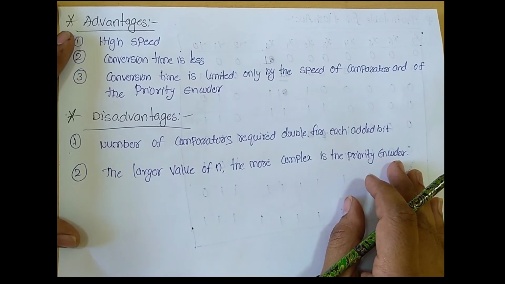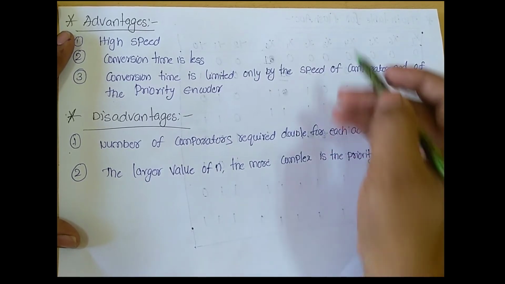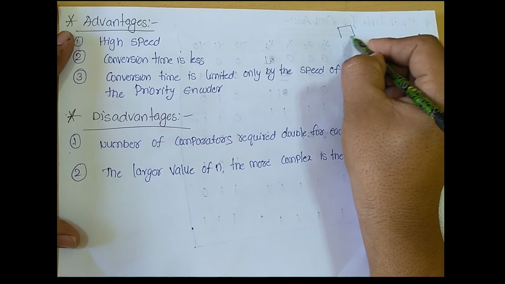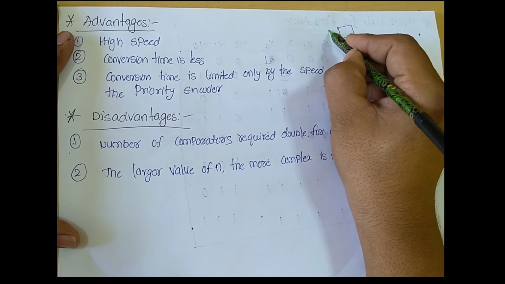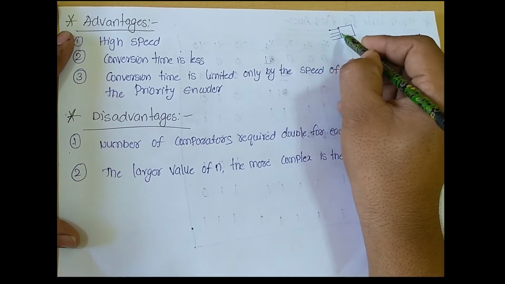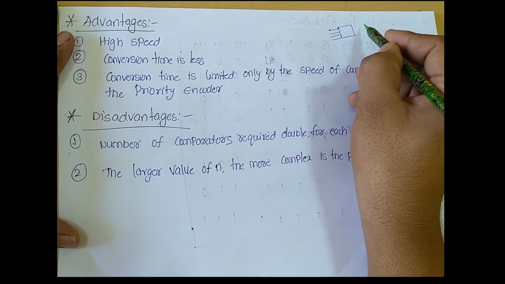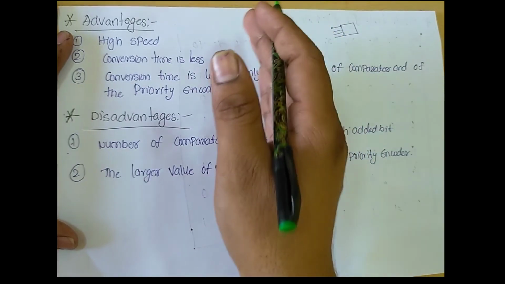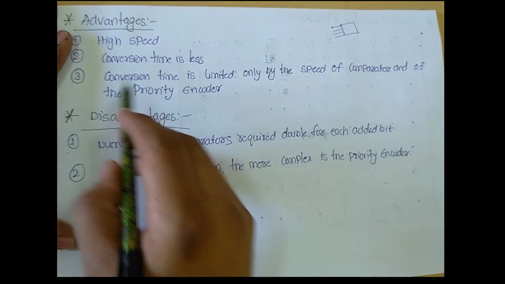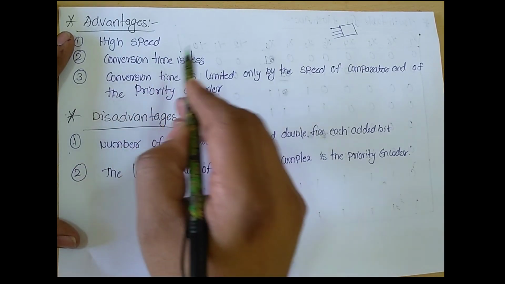Okay, coming to the advantages, high speed. It means that here we are considering the flash type ADC, and here we are giving more than one input signal. So this flash type ADC simultaneously converts all this information bits into digital form. So here this flash type ADC has high speed, and the second one is the conversion time is less.